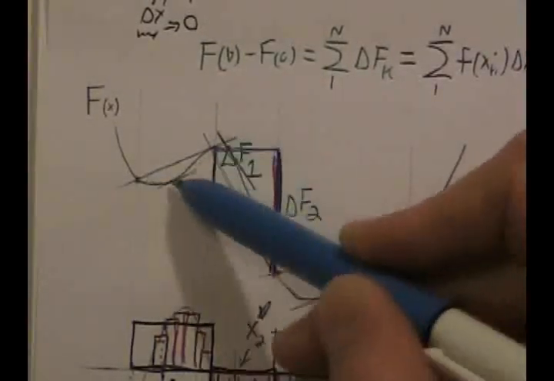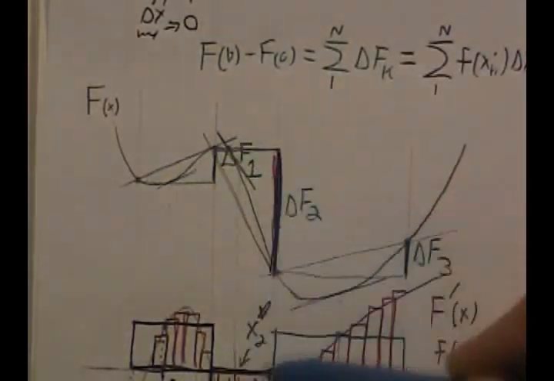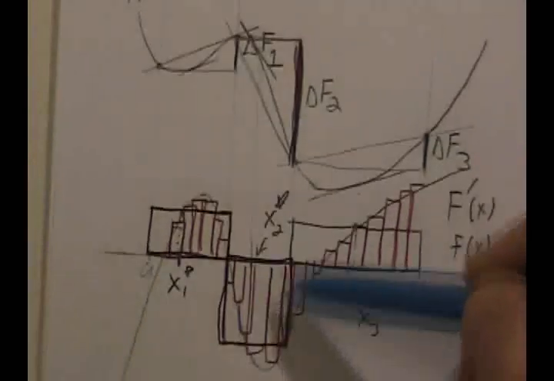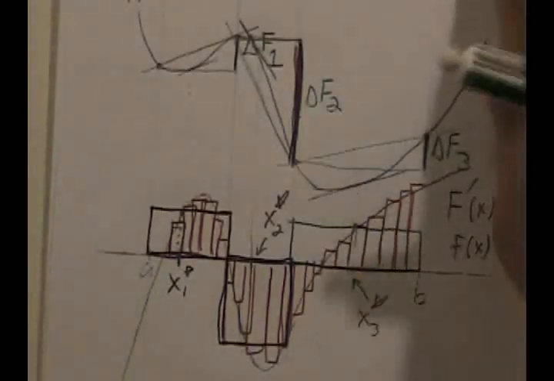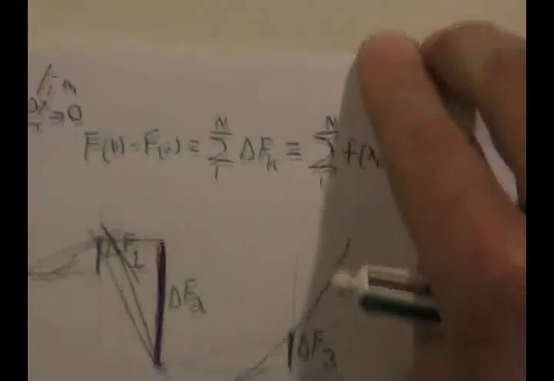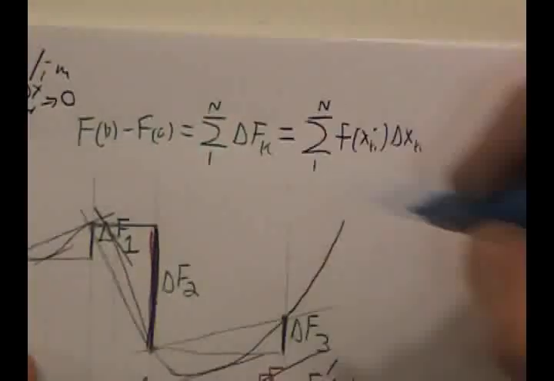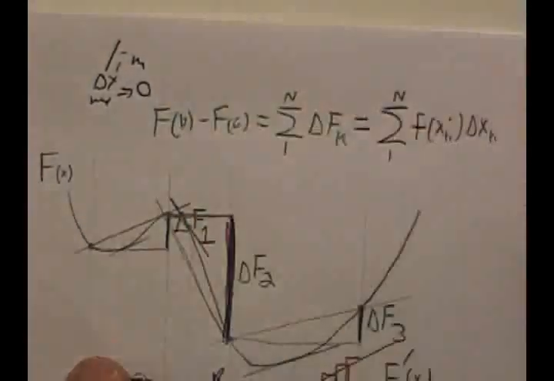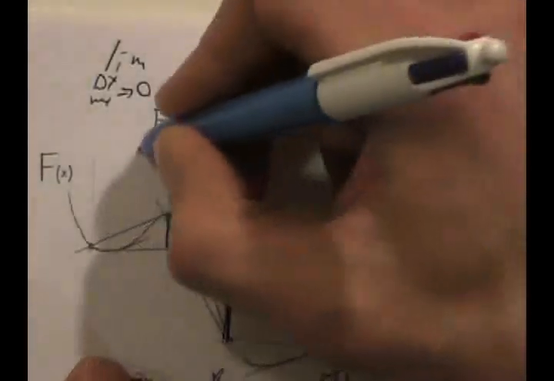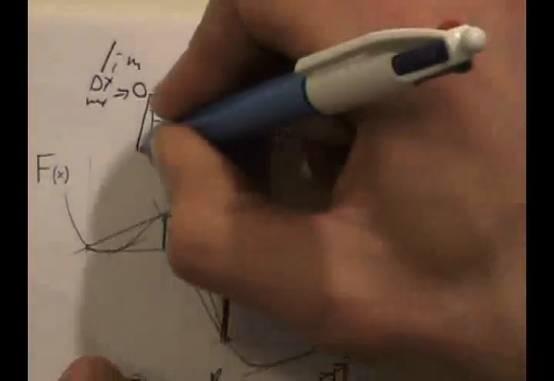All these ups and all these ups and downs. Each rectangle here has a representation up here, and so throughout all that, what you would get is the limit as delta x max approaches 0.